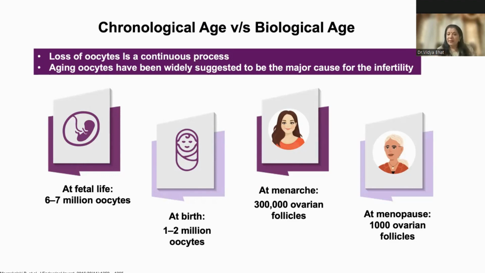So when the ovarian reserve falls, we do not have 3 lakh ovarian follicles. It comes down to thousands, and we will have to encash on these 1,000 or 2,000 or 10,000 follicles, whatever we get once the ovarian reserve comes down.